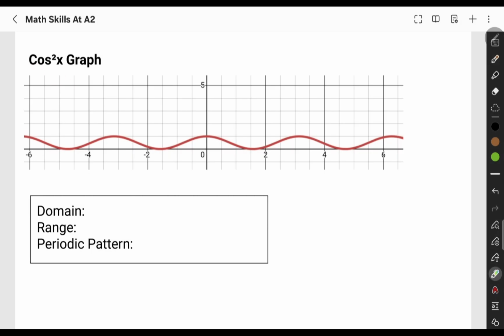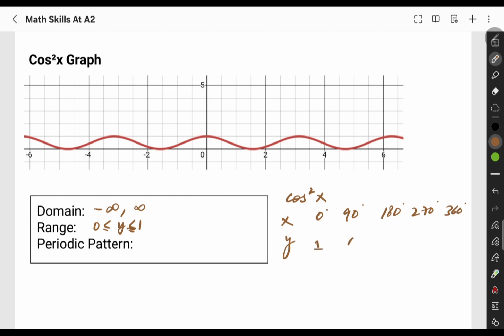Okay, now we're going to be looking at the cos²x graph. So we're going to be seeing the domain, range, and periodic pattern for this. Now the domain will remain the same, minus infinity to infinity, and the range will also be the same, between 0 and 1. Let's see the periodic pattern for this. So cos²x, x and y: 0 degrees, 90 degrees, 180 degrees, 270 degrees, and 360 degrees.